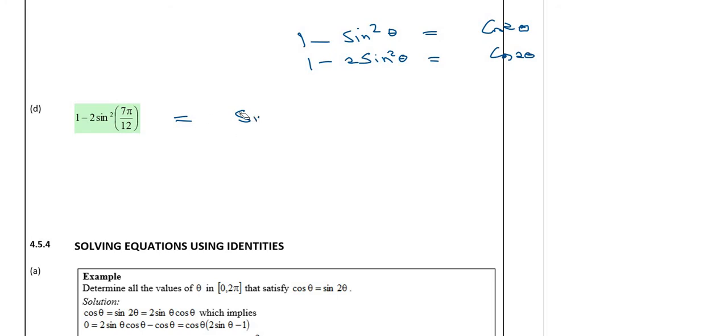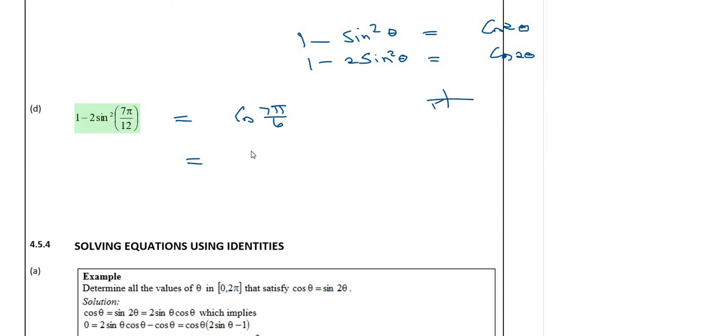So let me just go back here. Apologize for that. So 1 minus 2 sine squared is the cos of double. So this is the cos of 7 pi over 6. Now I must go on with my rules that we have done. So where is 7 pi over 6? That's in the third quadrant.